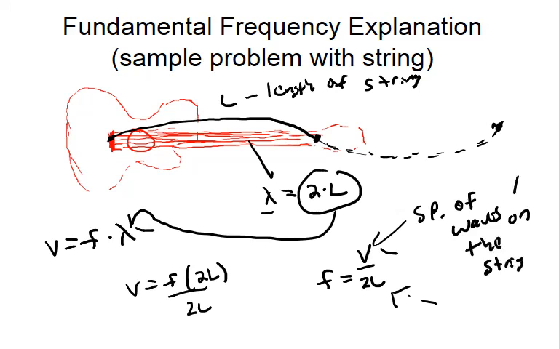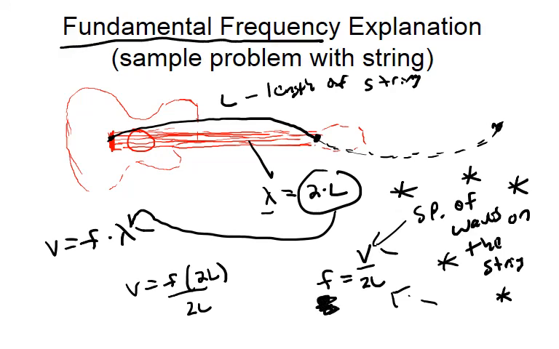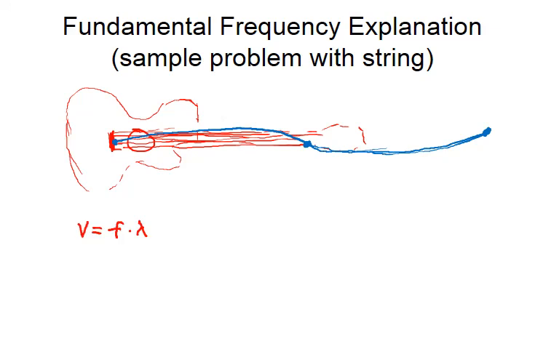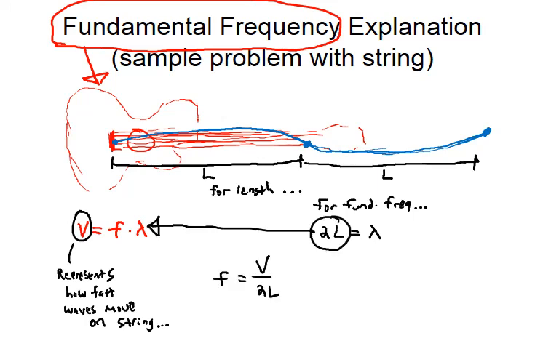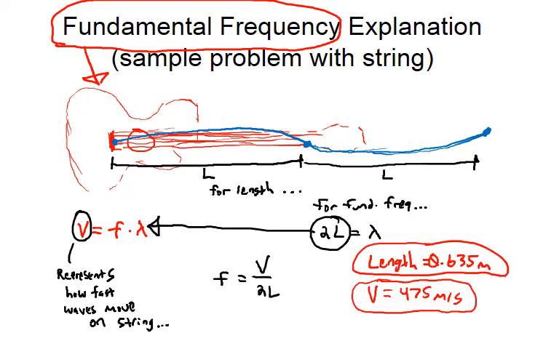that is a really important point, because this is the actual speed of the waves on the string itself. We would get what the frequency is, at least for the fundamental frequency, the first harmonic. Again, v represents the speed on the string, v over 2L, and we can take a look at what that actual frequency would be.